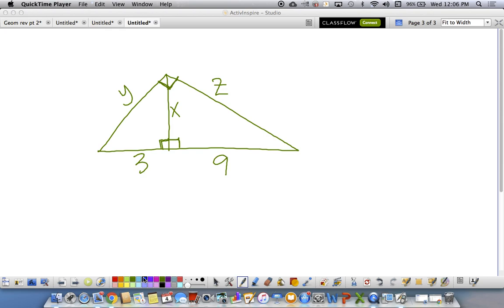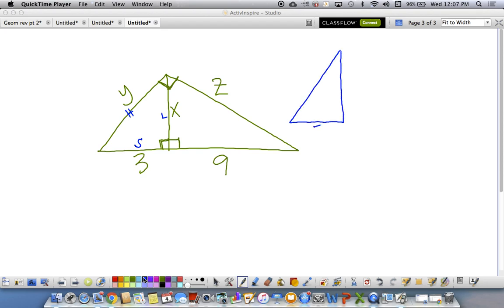No, it doesn't. Only in isosceles triangles does that work. I can prove it. I'm going to put letters or numbers: short, long, hypotenuse. They are similar. They share the same line at 90 degrees.